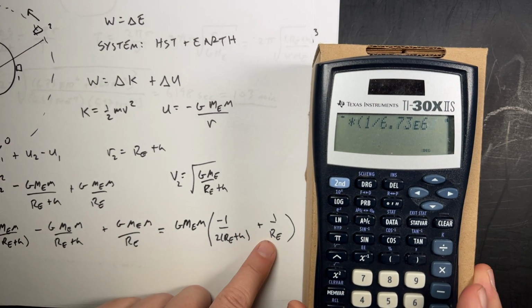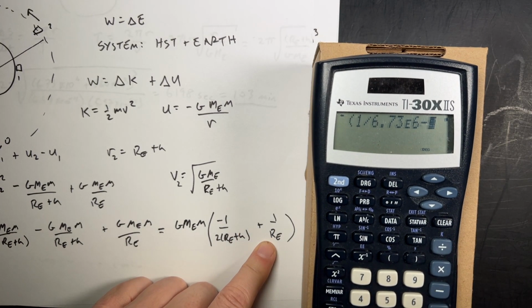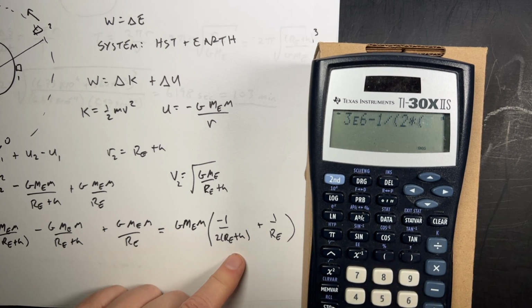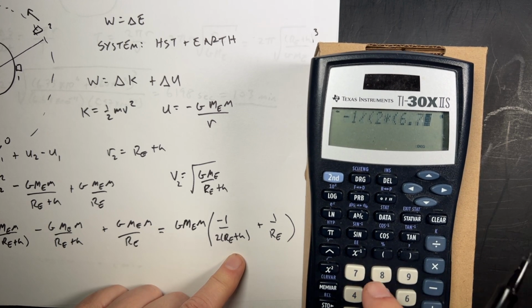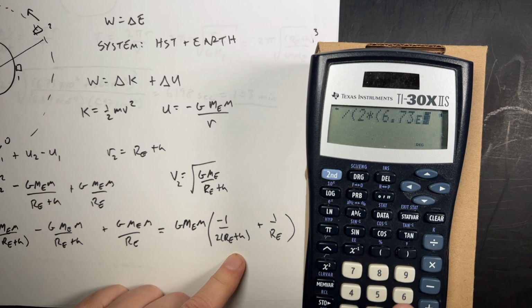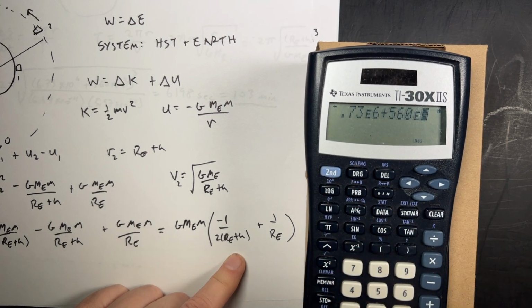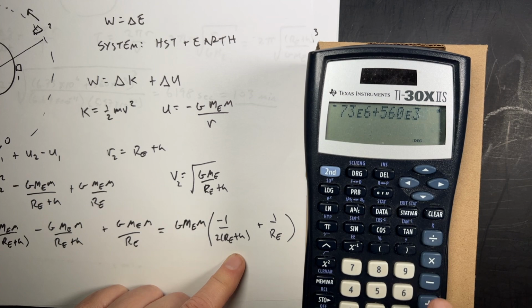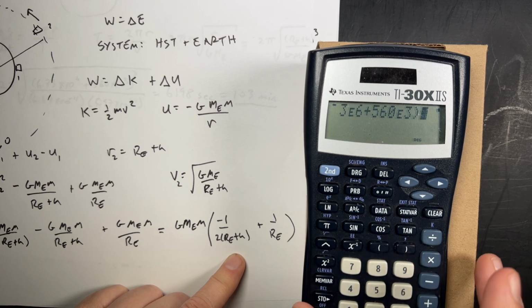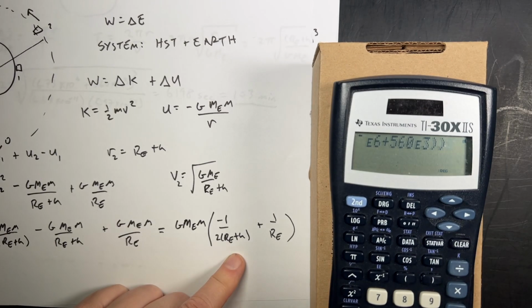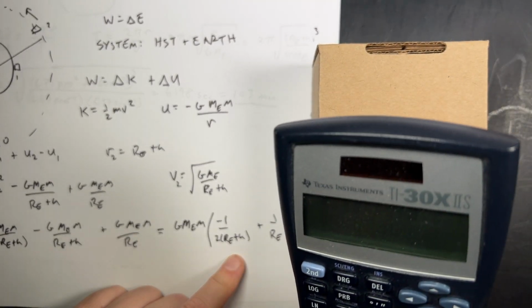Minus 1 divided by parentheses 2 times parentheses radius of the Earth, 6.73 times 10 to the 6th plus 560 times 10 to the third, close parentheses, close parentheses. I think I need one more. Okay, I think that's right.